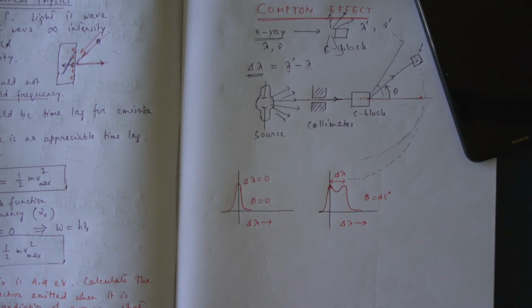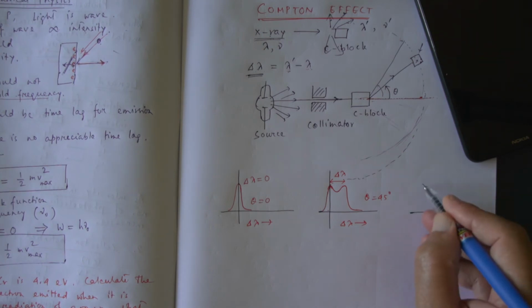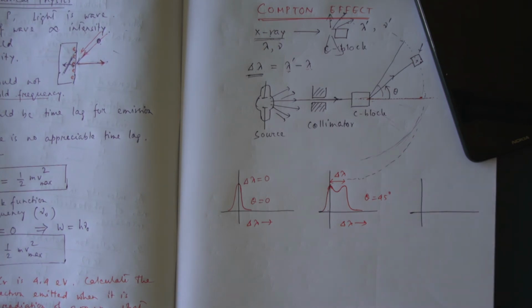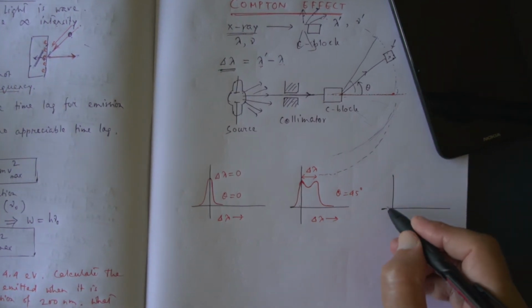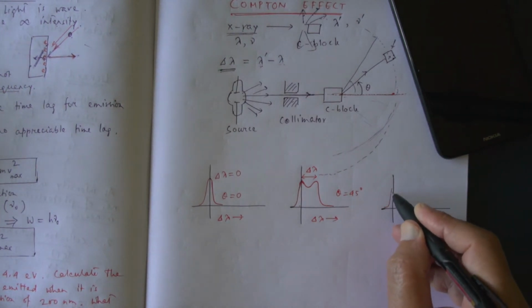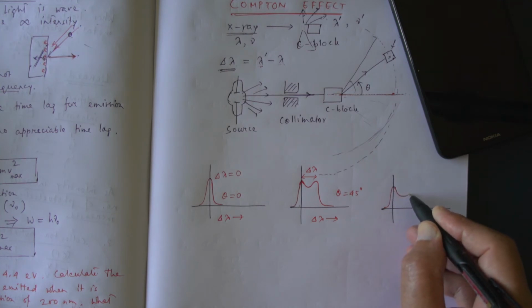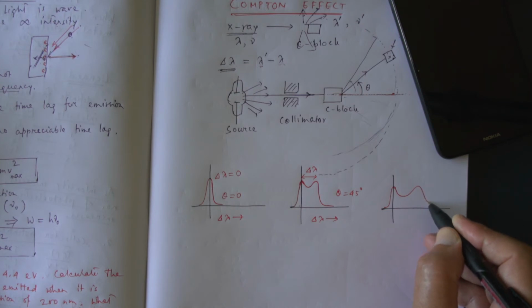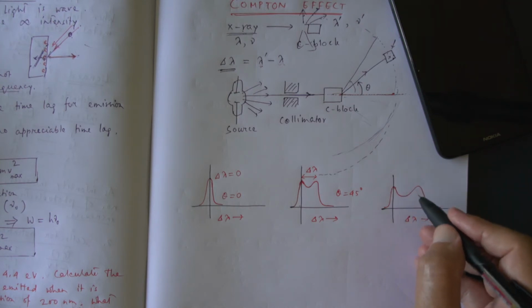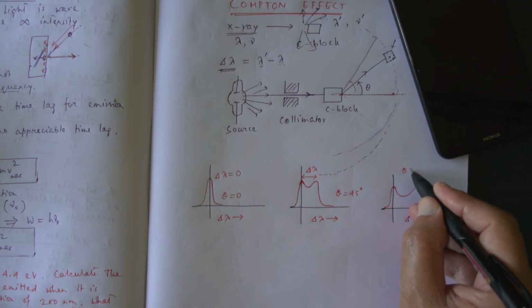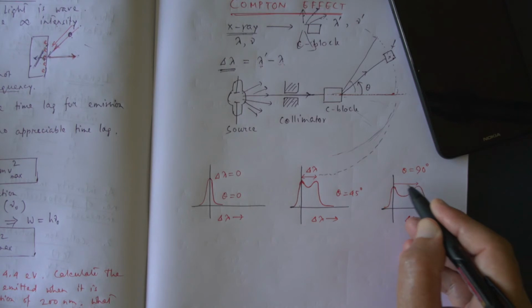Similarly, if we measure at theta equal to 90 degree, this is the value of del lambda.